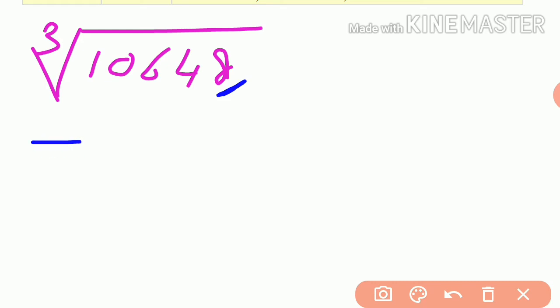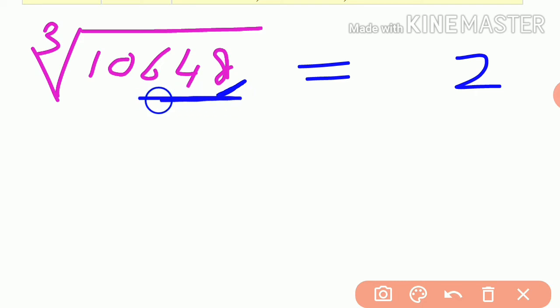It means we will write 2 here, and leave the 3 digits and see only this number. This is 10, and 10 lies between the cubes of what numbers?